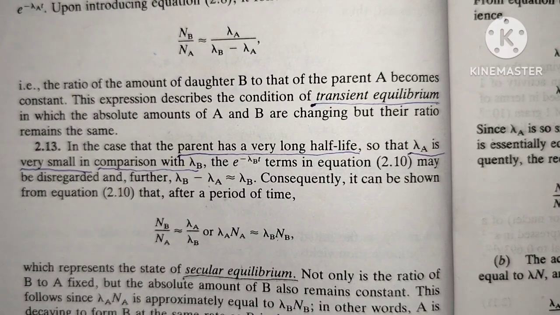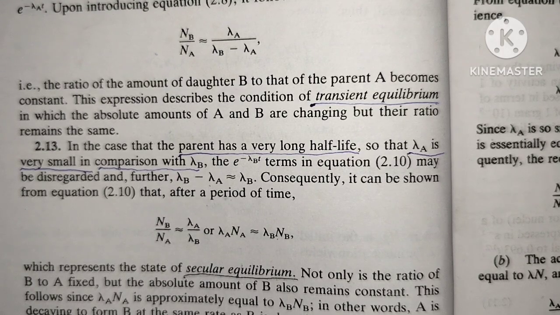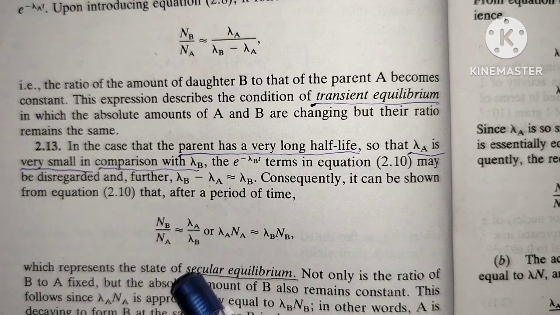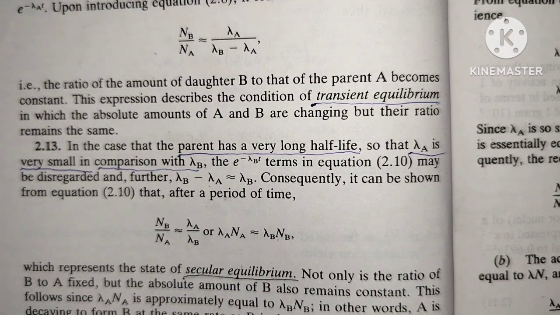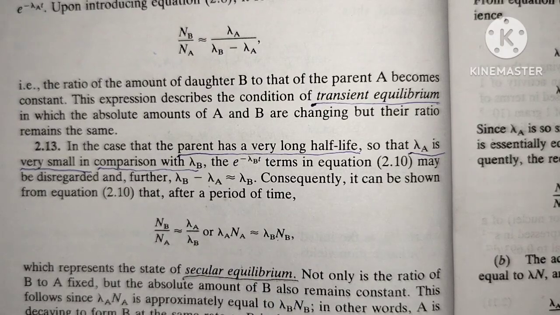So here, what is the specialty of this one? This NB divided by NA is equal to a constant value, the ratio is also constant.